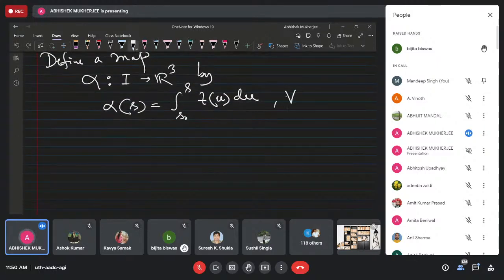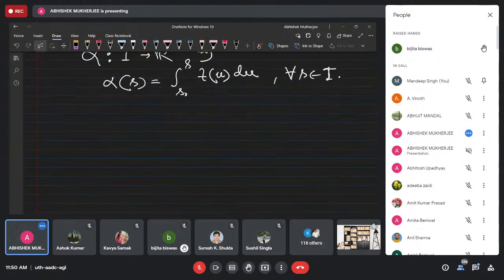This is true for all s. We have defined it for all s belongs to I.